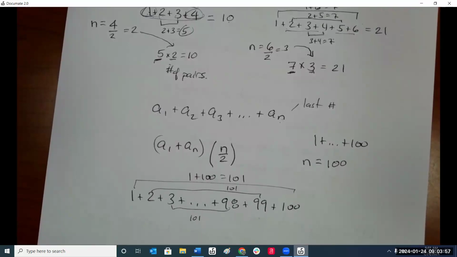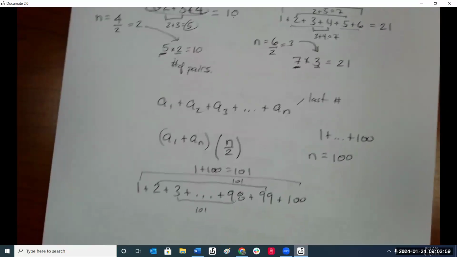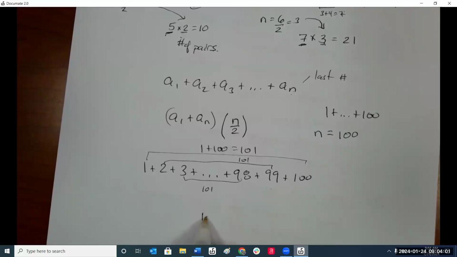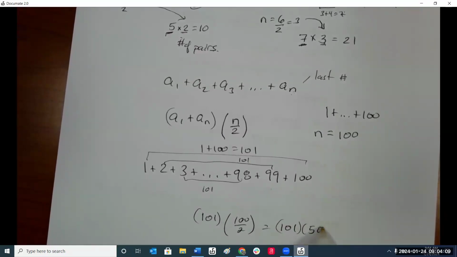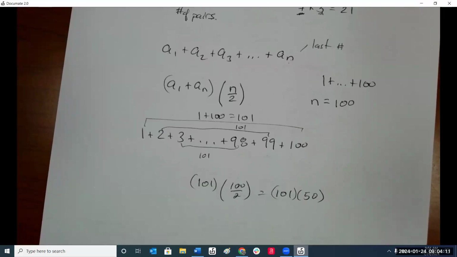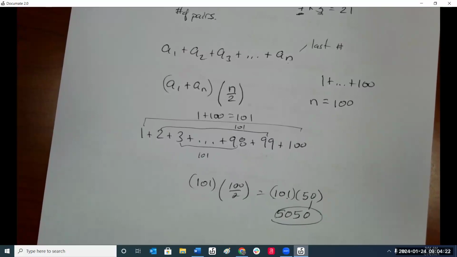How many times do we do that? 50 times. So we have 101. We had 100 numbers and we divided by 2. So 101 times 50 is 5050. You were that close.